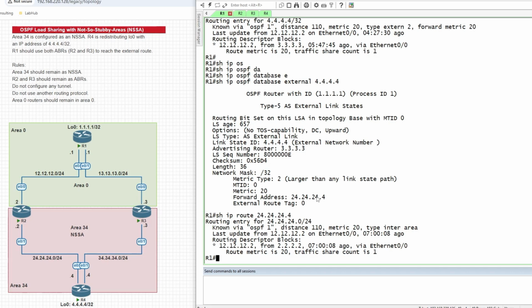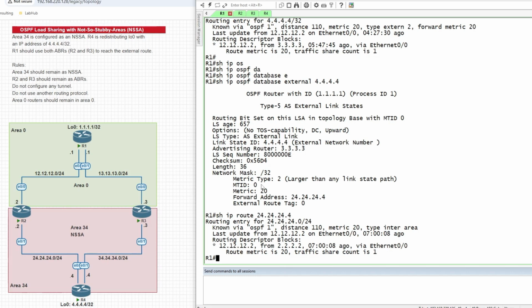The first why was why R3 was advertising it to R1. It is because one of the ABRs does this advertisement, and R3 does this in this case by default because it has the higher router ID. We've answered the second question of why R1 actually follows the path through 12.12.12.2 as the next hop to get to this prefix. The third why would get there.